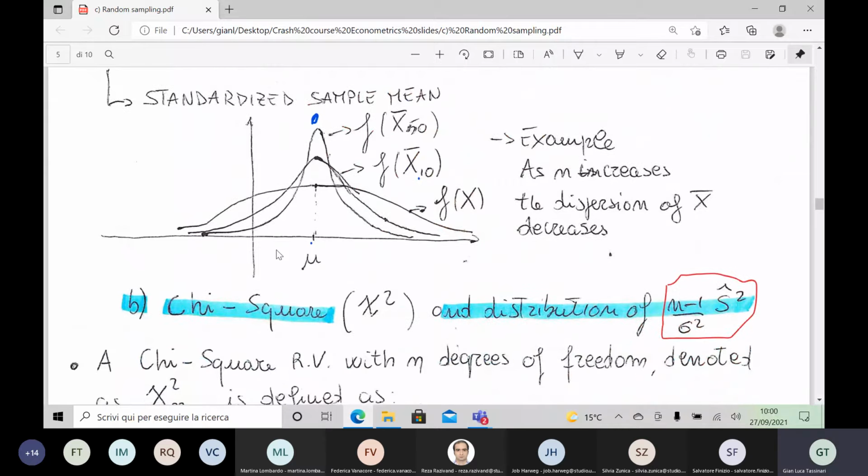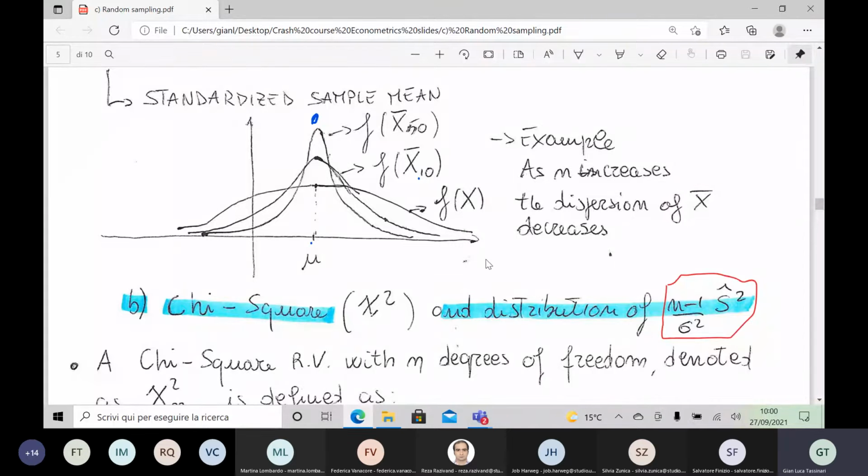Let me see, guys. I did it poorly. Suppose that this is the distribution of a normal. I wanted to plot a distribution which is symmetric around the mean mu. I did it very poorly, but this is, for example, the density.